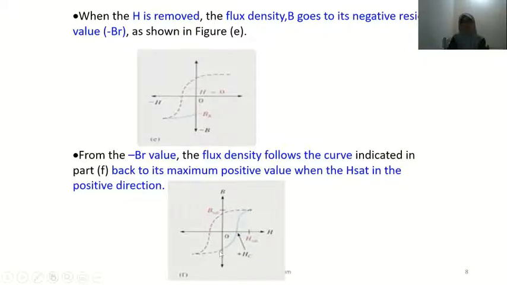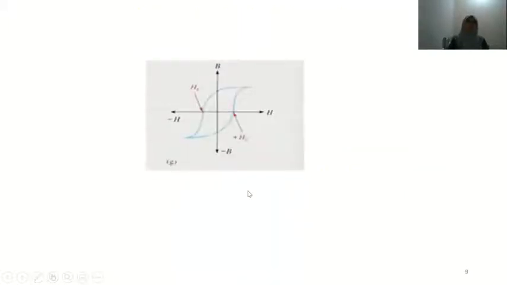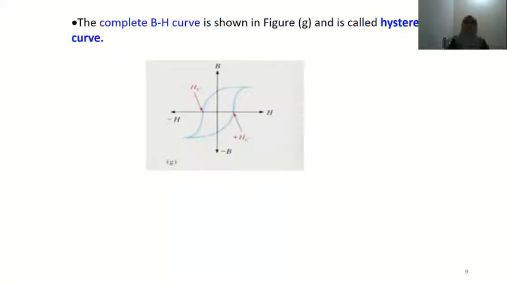So the flux density follows back to the maximum positive value. The complete B-H curve in the figure below is called the hysteresis curve.